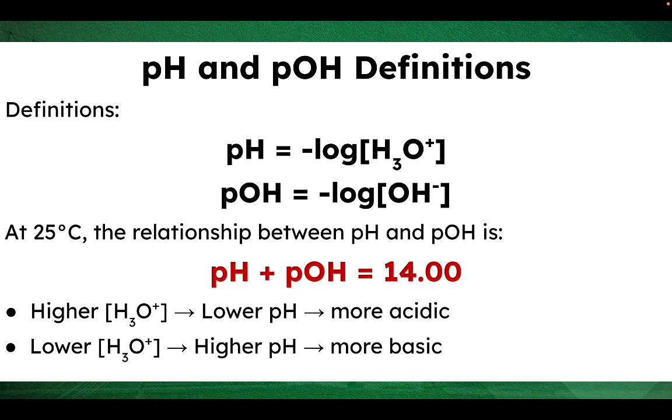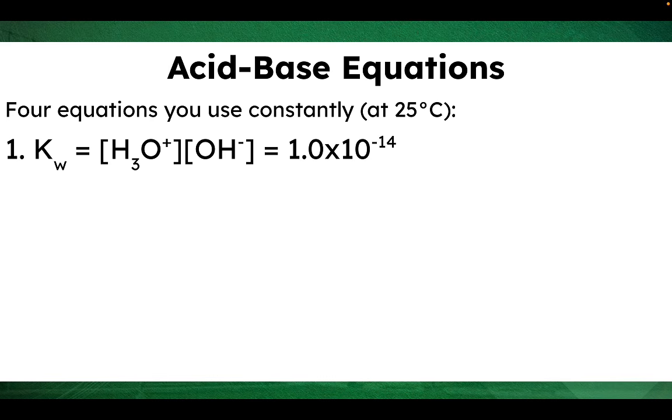Now, there are 4 equations that you should remember. Number 1 is the ion product constant. The ion product constant of water is equal to the concentration of hydronium ion times the concentration of hydroxide ion equals 1.0 times 10 raised to negative 14. pH is given by the formula negative logarithm of the hydronium ion concentration.